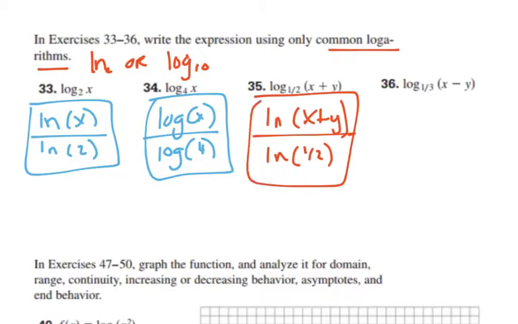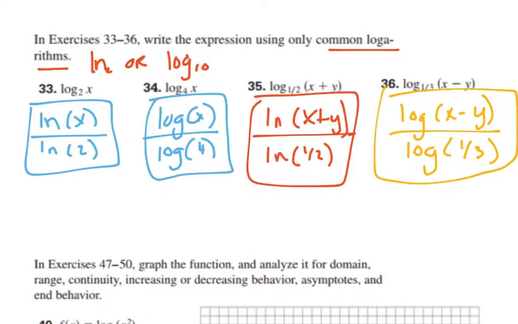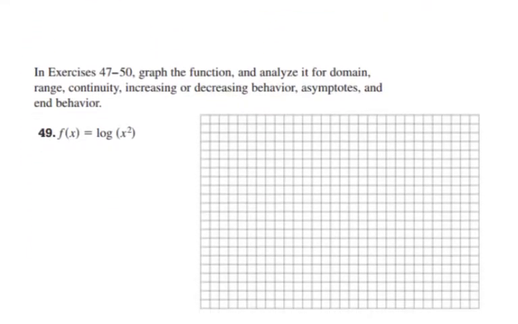And then maybe switch back and just do log of x minus y over log of 1/3. So again, just reiterating that idea that that larger font piece is the numerator and the smaller font or the base is the denominator.